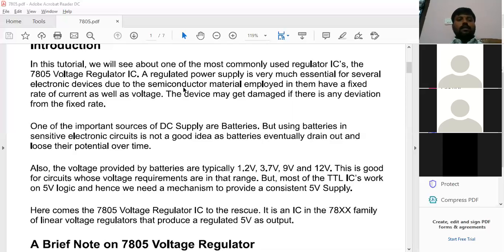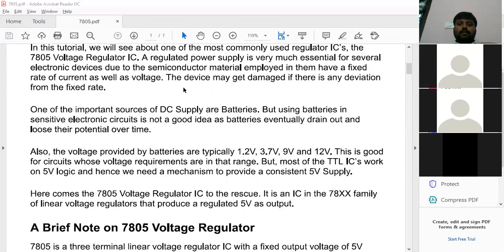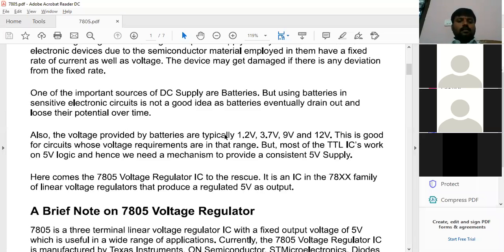The 7805 regulator IC is what we are going to use here. It gives a constant 5 volt DC supply. And generally there are so many batteries available in the market, because we use DC supply for our electronic circuits; they run with only this DC supply.